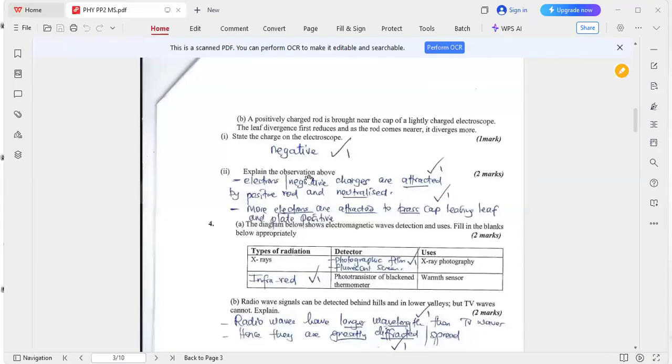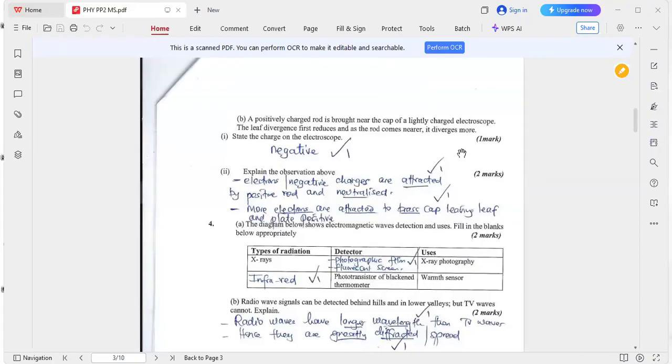And then the second one will be excess electrons are attracted to the cap, leaving positive charges on the leaf and plate.